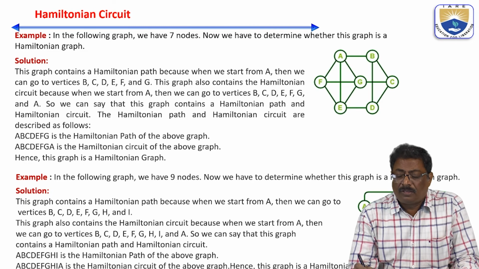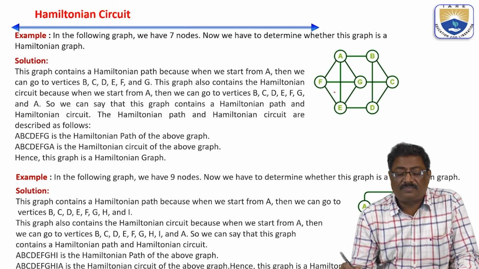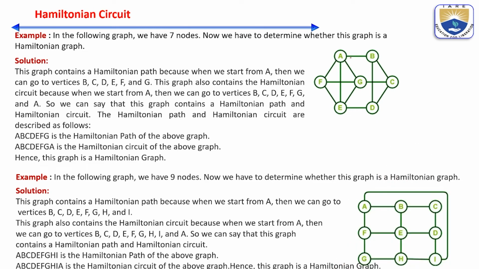Starting from any one vertex, go from A to B, B to C, C to D, D to E, E to G, G to F, then back to A. It is not necessary to traverse all the edges. So it is a Hamiltonian cycle.